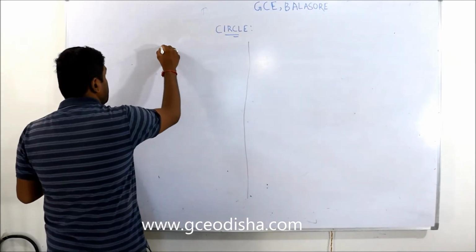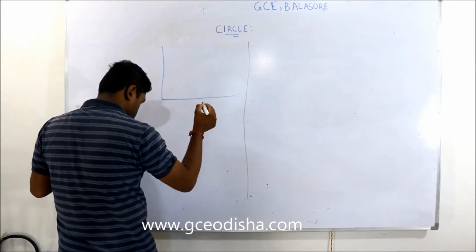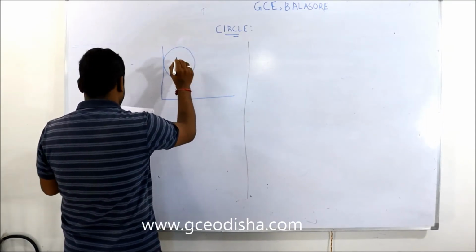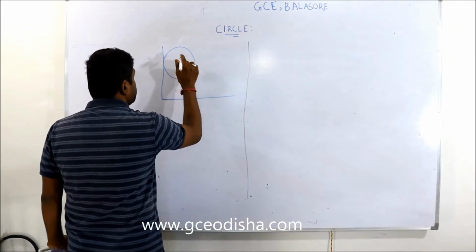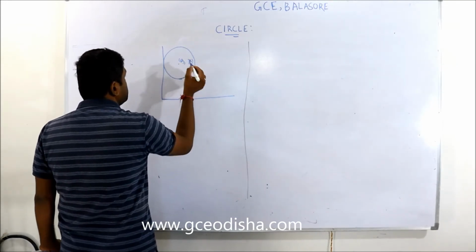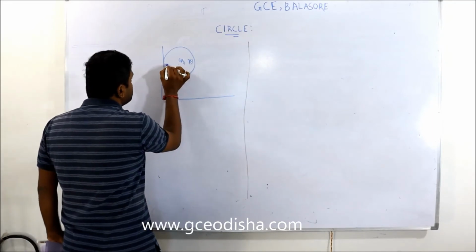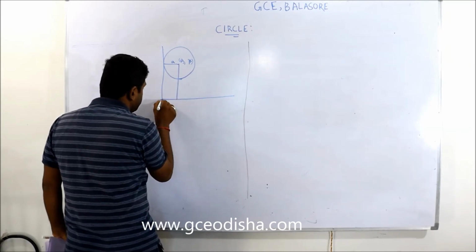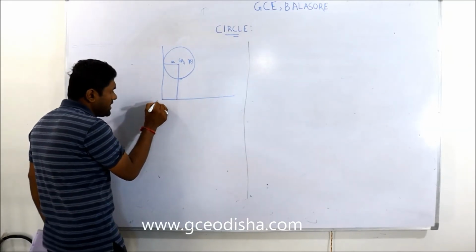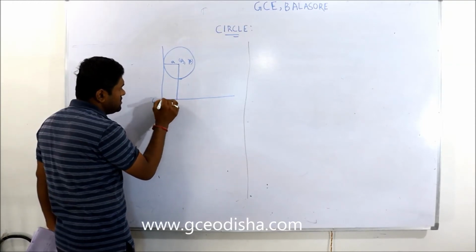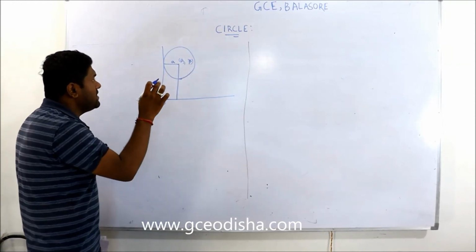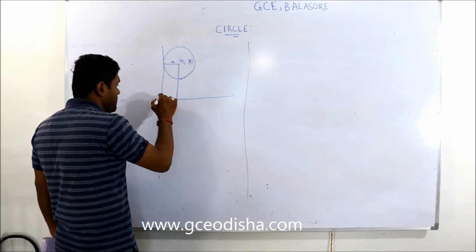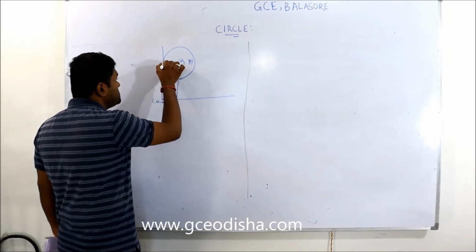And like condition 3, when it touches the y-axis and the center is at (a, beta), right? This is x coordinate a, and beta means this is the beta unit distance from 0,0 to this.